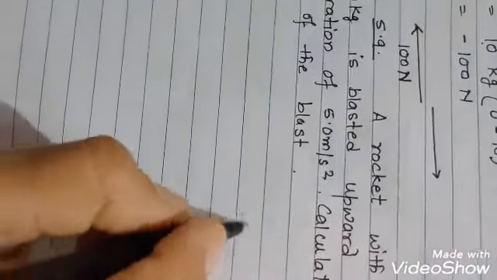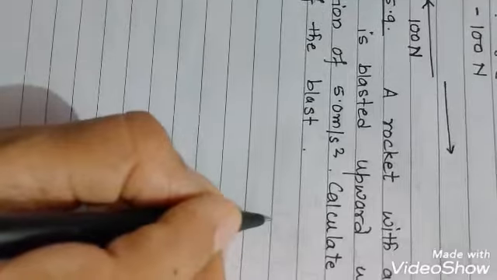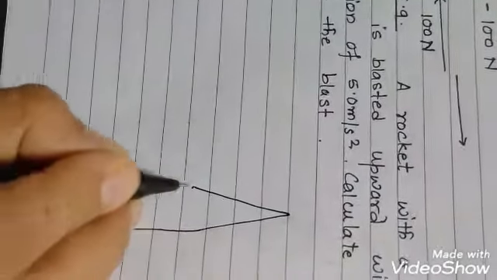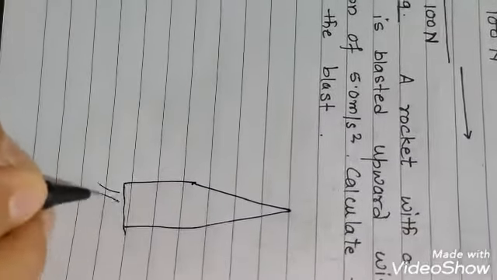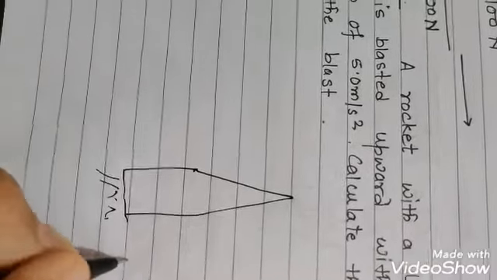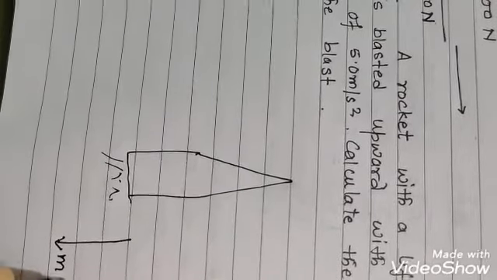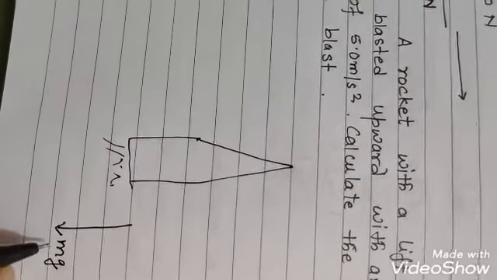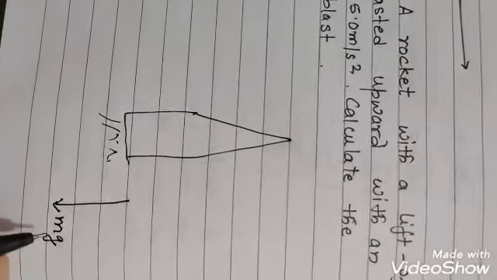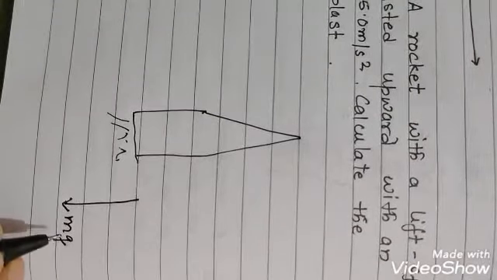So when the rocket is placed like this, the weight of the rocket will be working in the perpendicular downward direction, and this is equal to mg, where m is the mass of the rocket and g is the acceleration due to gravity.